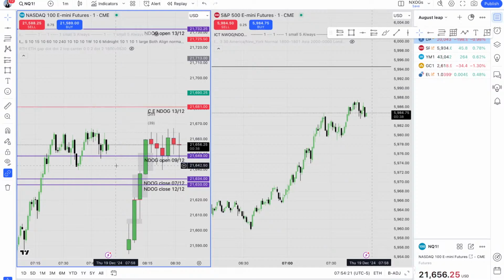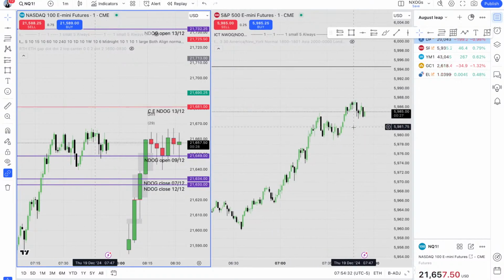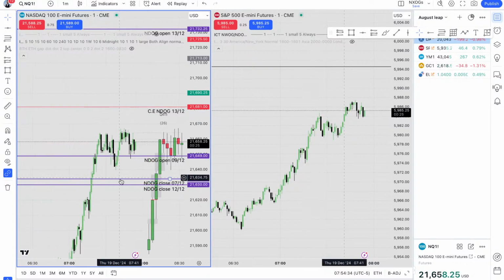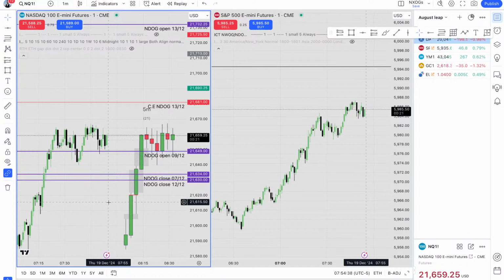But for now, I don't want to go long because there is no stop hunt. There is no SMT lower. I have no reason, and the price was already bullish the entire morning, right? So there is no reason for me to go long right now.